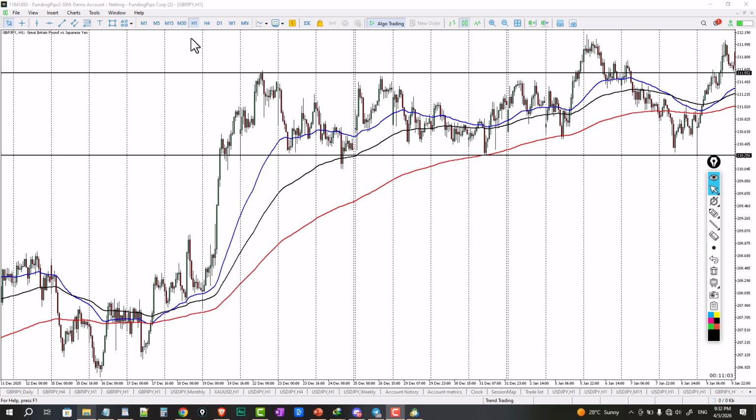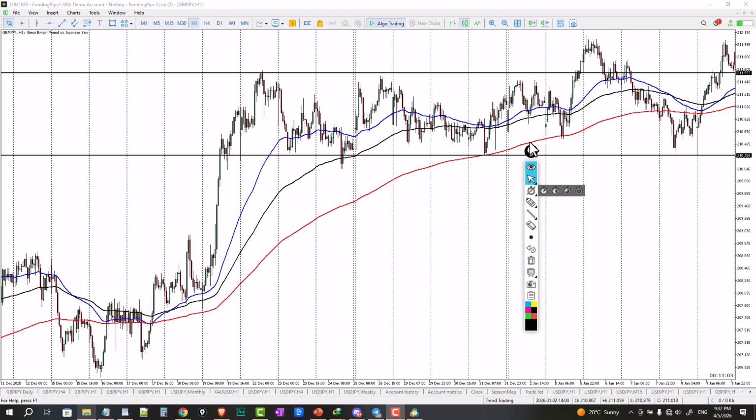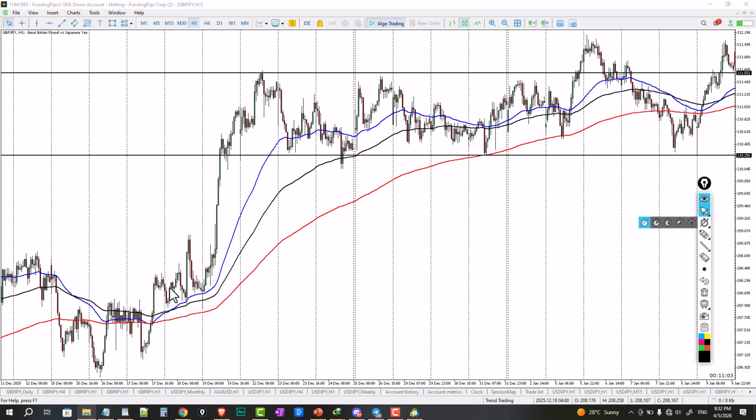Well, that's exactly what I want you to pay attention to on the charts right now, because as you can see, price has been above the blue moving average, and the blue moving average has been above the black one, which is the 100 period moving average, and the black one has been above the red one.